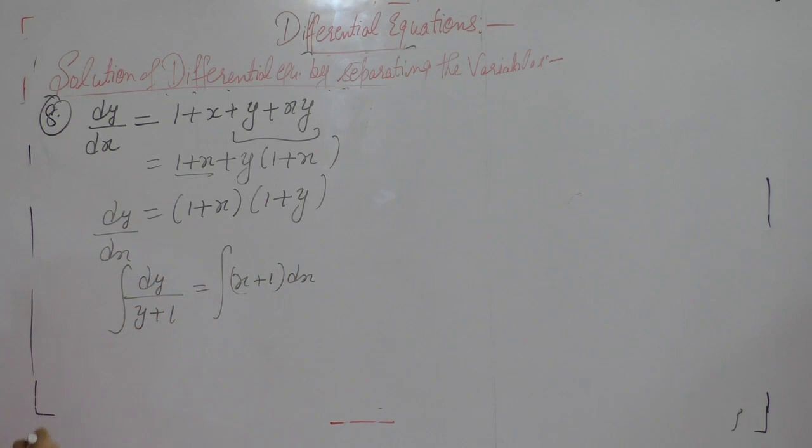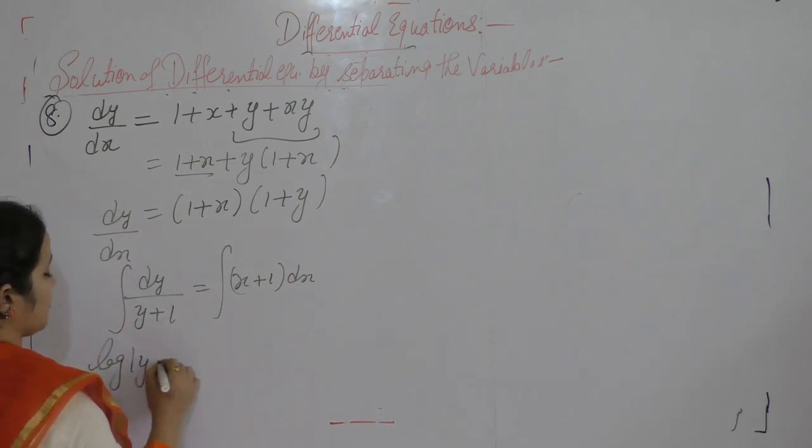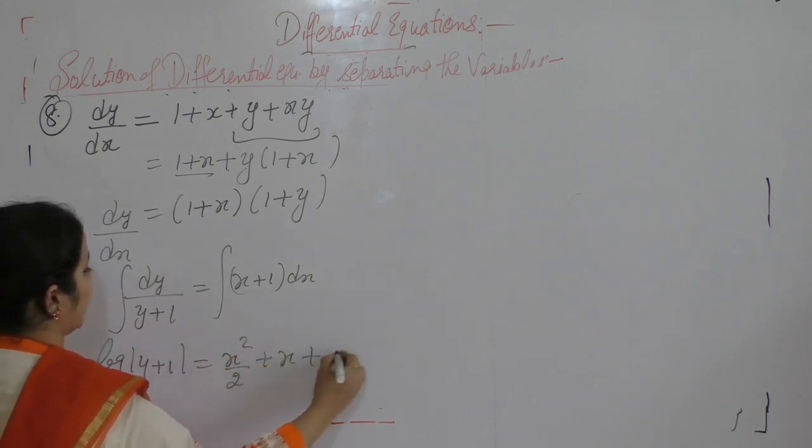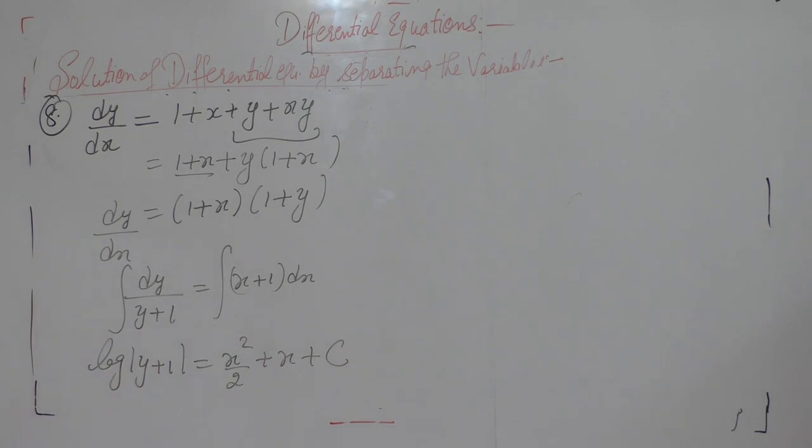Integrate both sides. Integral of 1 upon x is log x, so log of y plus 1 here. Integral of x, integral of 1, plus c. Log (y + 1) is equal to x square by 2 plus x plus c.